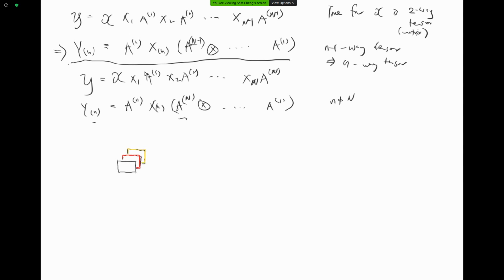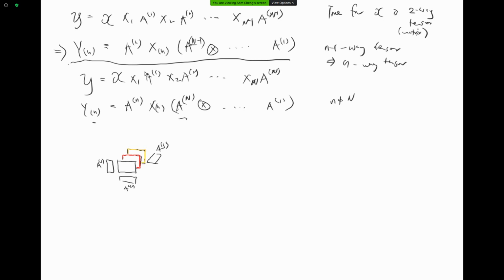And so I plotted each of the A's here. This is A1, then I have A2 here, and the third one is A3, and A3 will only have 3 columns because I have only 3 layers here.